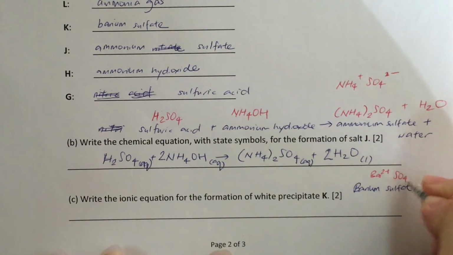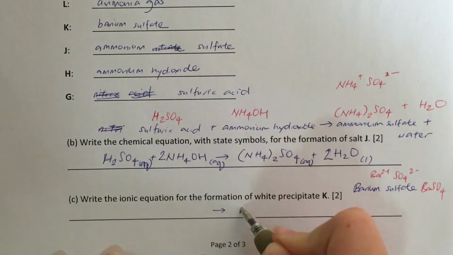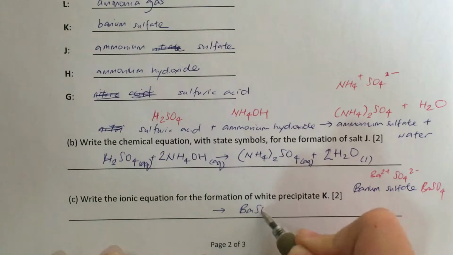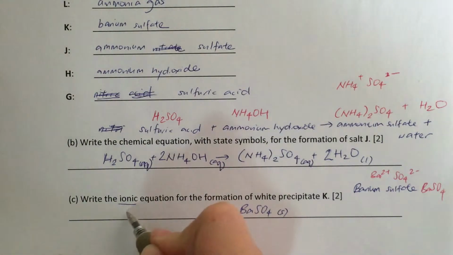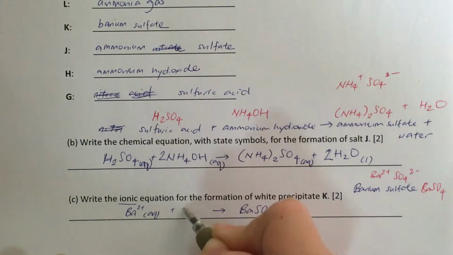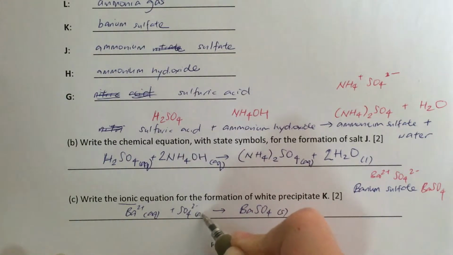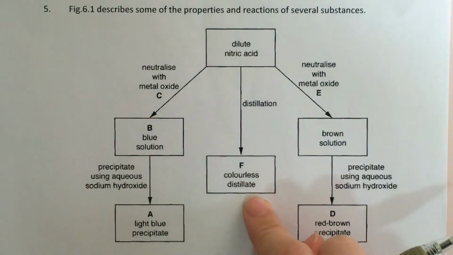The chemical formula of barium sulfate is BaSO4, from Ba2+ and SO4 2-. A precipitate means it must be solid state. When we say ionic equation, there must be ions present, and ions are present in aqueous solution. So to get barium sulfate, my ions must be Ba2+ and SO4 2-, both AQ, and it's balanced. So therefore, this is the ionic equation.